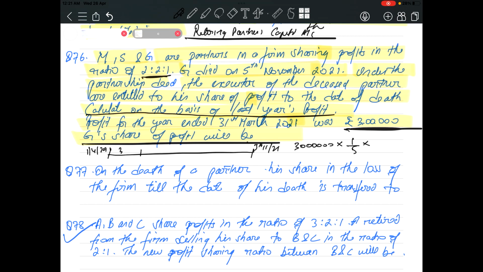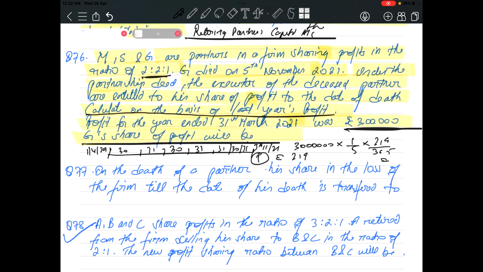April 30 days, May 31 days, June 30 days, July 31 days, August 31 days, September 30 days, October 31 days, and 5 days in November. What will be the total days? If you count, it will be 219. So he will get his share for 219 days. So 219 divided by 365.